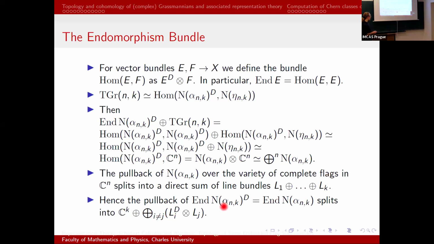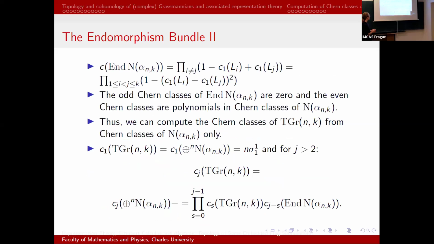So the pullback of the endomorphism bundle splits into k trivial line bundles and these tensor products. Hence, we can compute also the Chern class of the pullback of the endomorphism bundle.